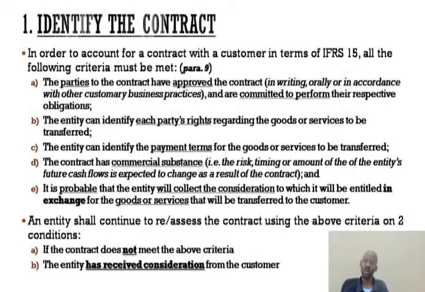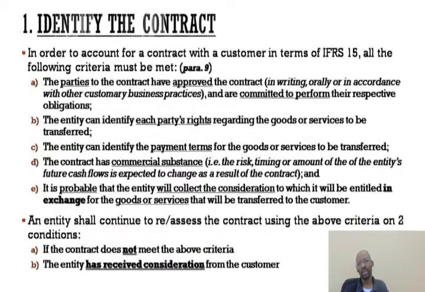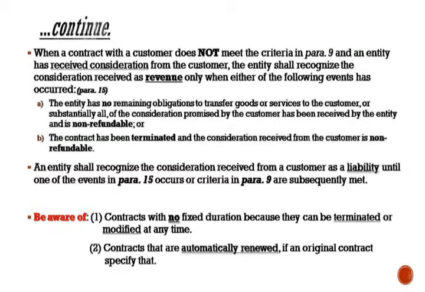And then the other condition we might have, a customer might have paid the money, but some of the conditions are not met. Then it means that the only time the company will recognize revenue is when there is no remaining obligation to transfer goods or services to the customer, or the company has substantially transferred what it has promised to the customer, and also the amount is non-refundable, or the contract has been terminated and then the amount is non-refundable.